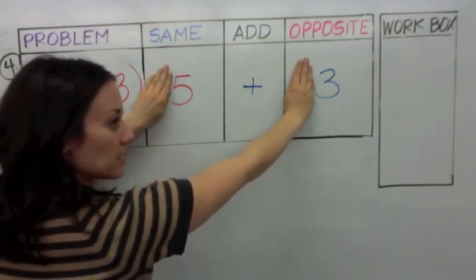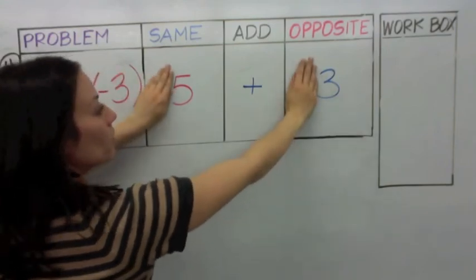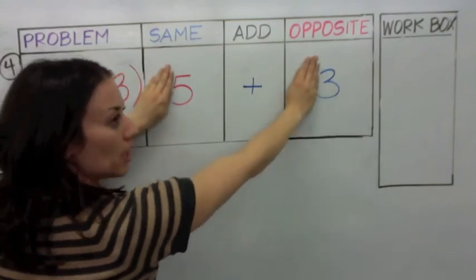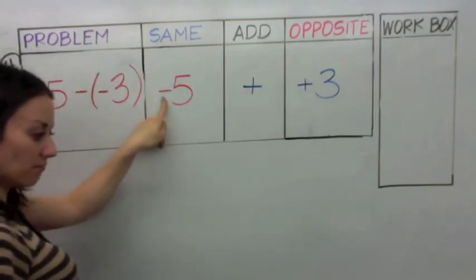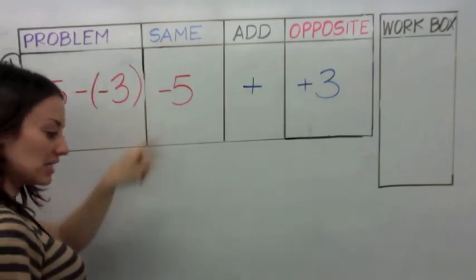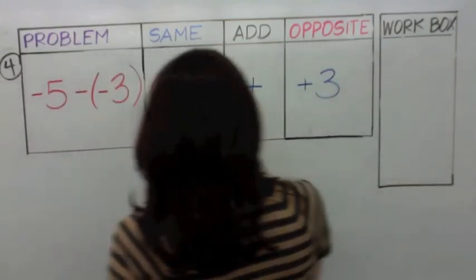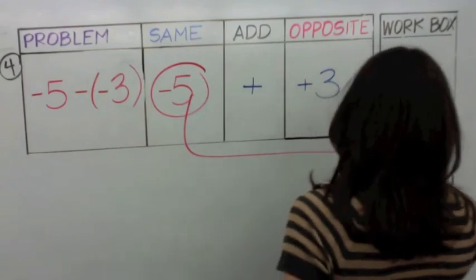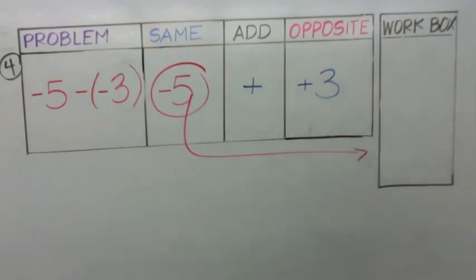If we took the absolute value of both of these numbers, this would be 5 and this would be 3. What's bigger? 5. And what's the sign of 5? It is negative. So I'm going to circle the sign of the higher number. That's going to help us out. And our answer should be negative.